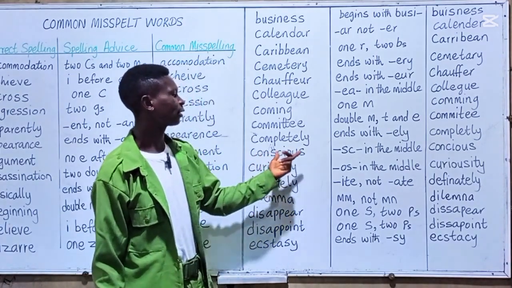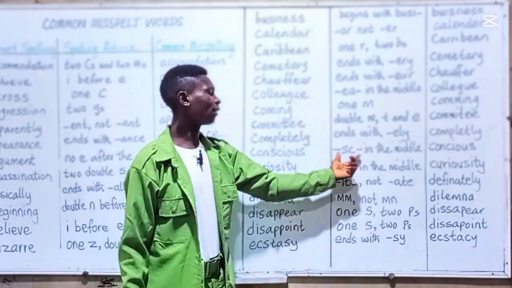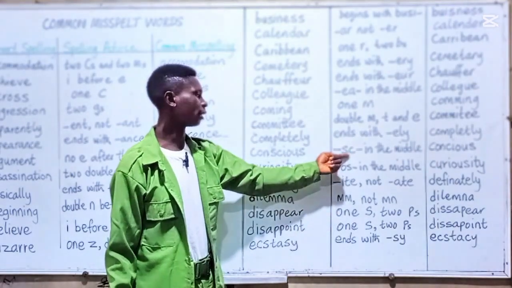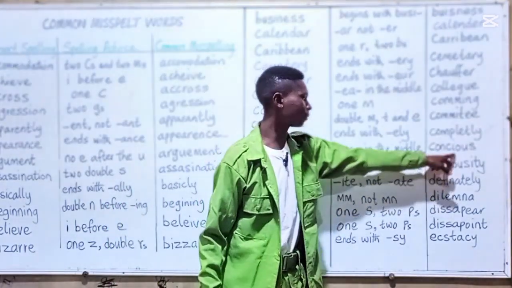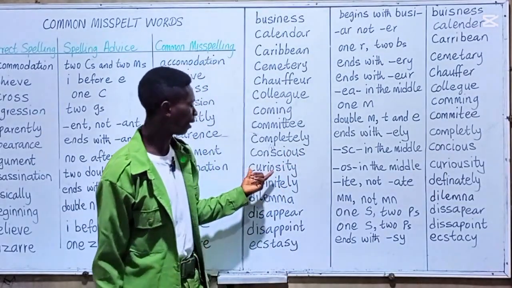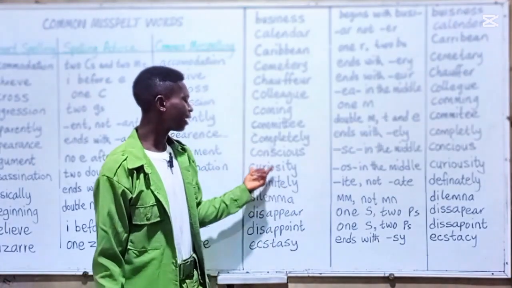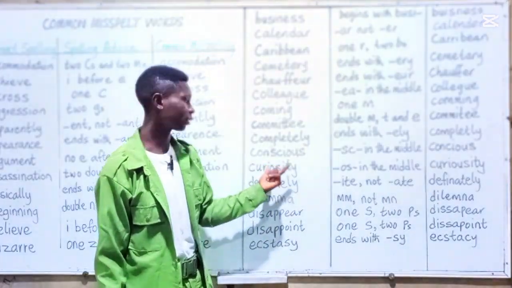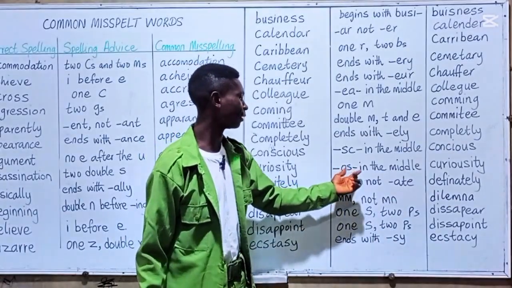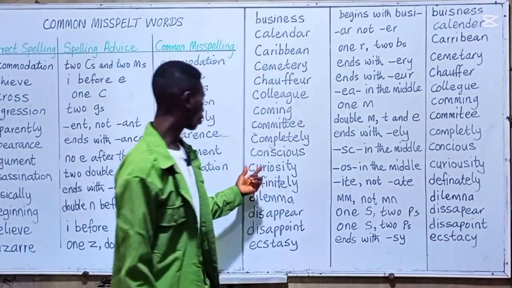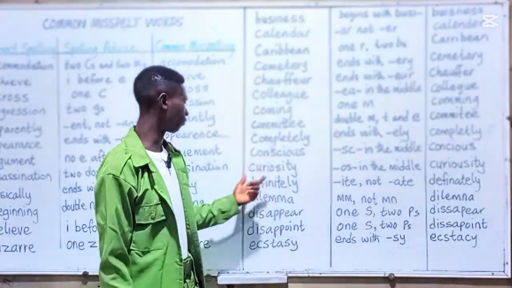In conscious, we have SC in the middle and not just C. So this is wrong spelling with just C without the SC. Okay, we have curiosity. In curiosity, you don't just add ITY to curious. That's because we have IO in the middle and not OUS. Curiosity. Take note of this word.